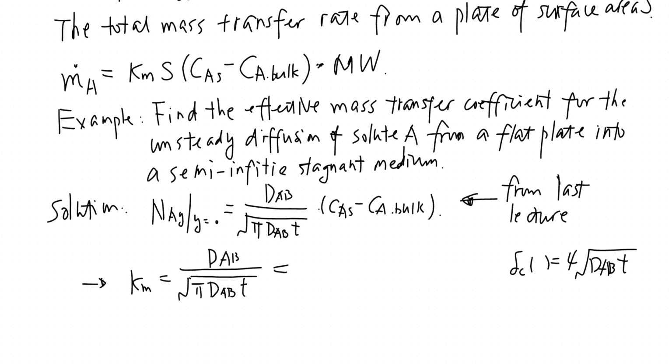It's also from last lecture. So if you replace this expression with the boundary layer thickness, you will get 4 D_AB divided by delta times the square root of pi.